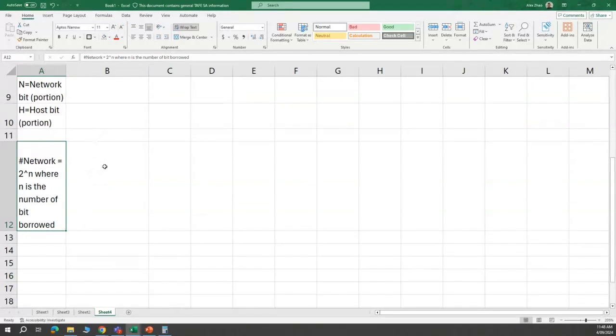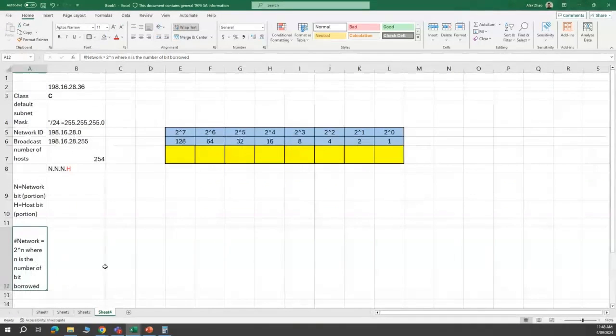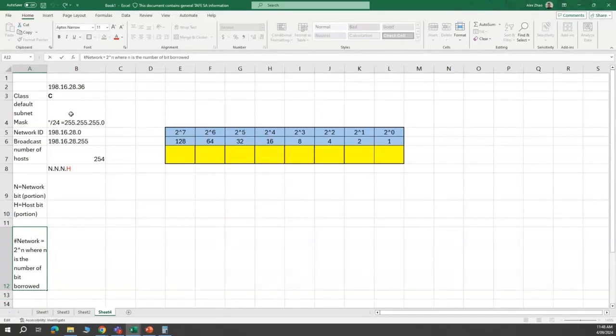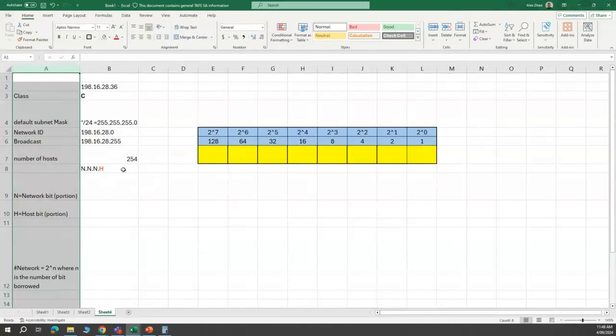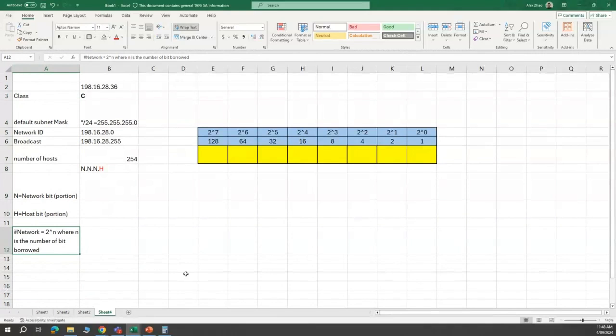So I might just reduce this a little bit, and make this a little bit wider, and I'm going to color this in like I always do.